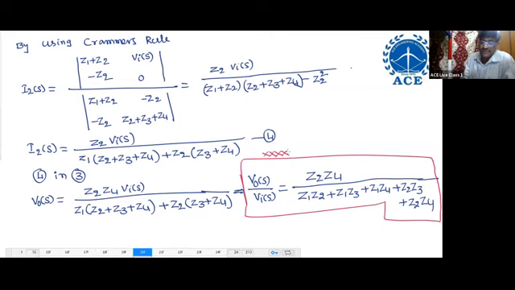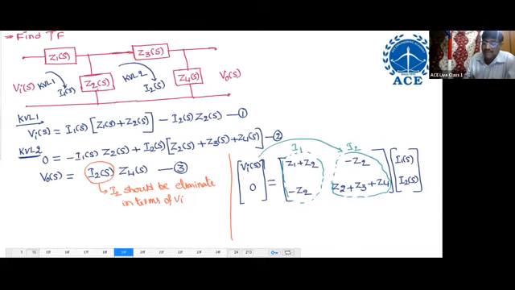If you are asked for 1 mark, you cannot solve like this. We simply substitute the values and write the answer. How to remember it? Simple logic. Listen: V0 by Vi equals the product of shunt impedances, these two.